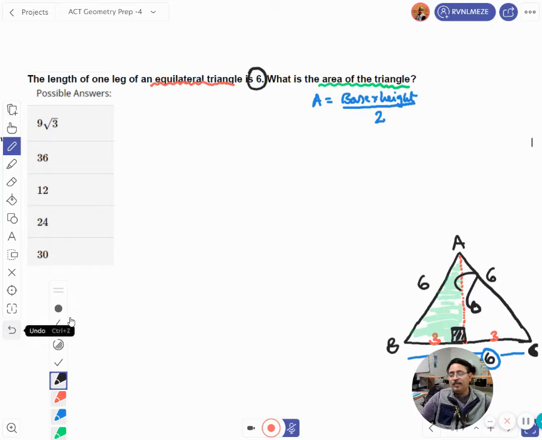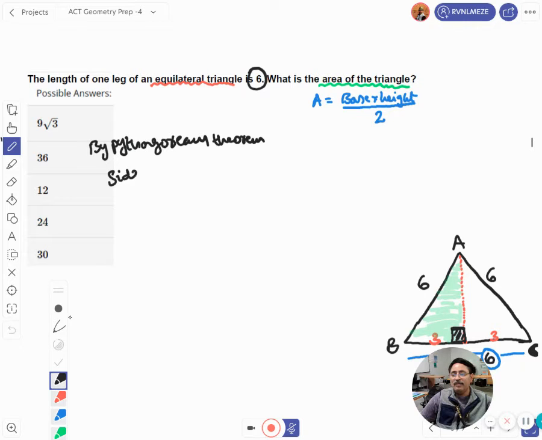So let me compute by using the Pythagorean theorem. It is side square plus side square. You may write it as leg square plus leg square equals hypotenuse square.